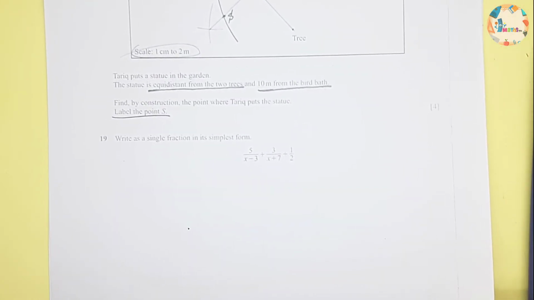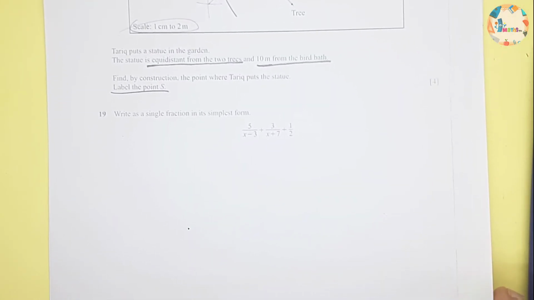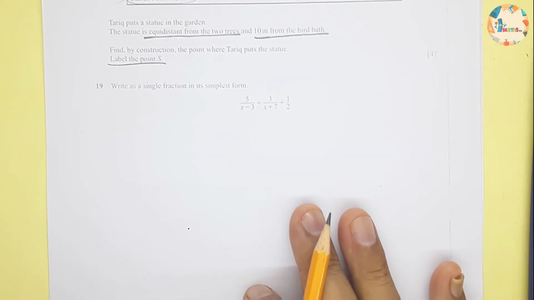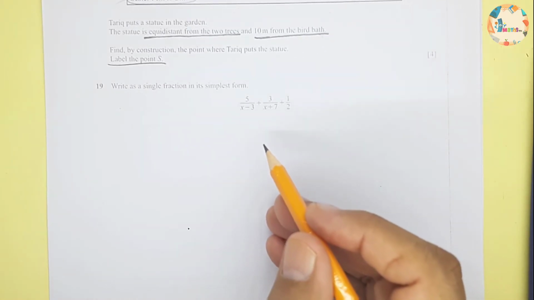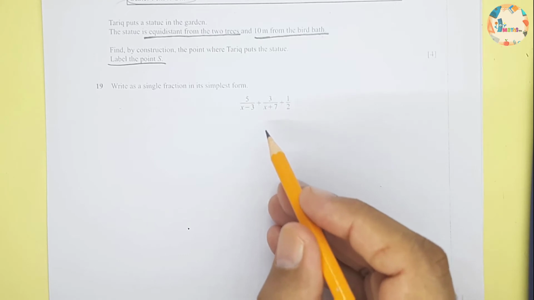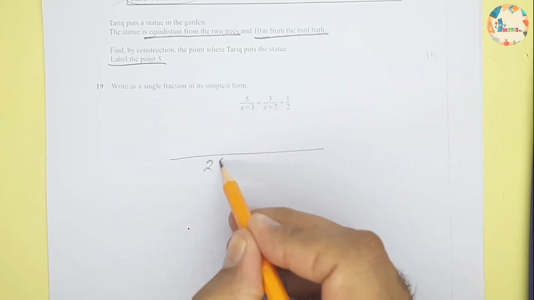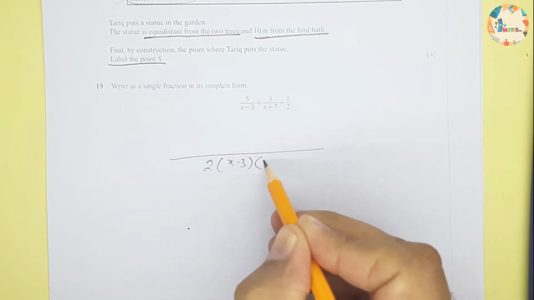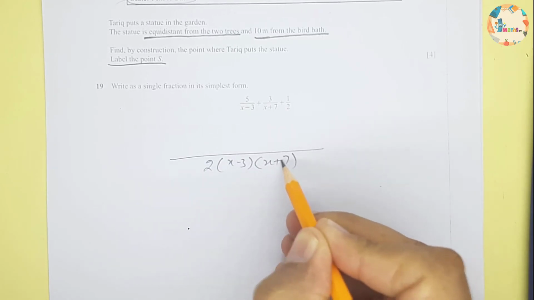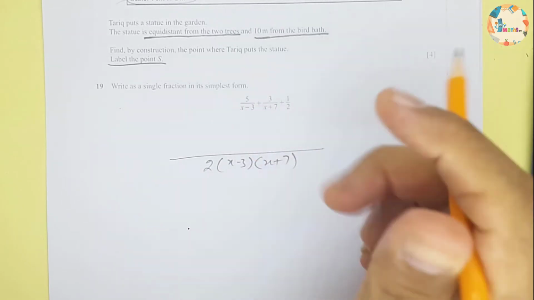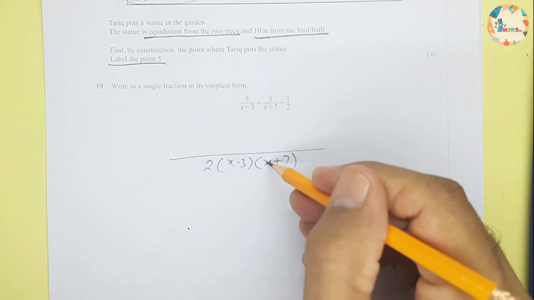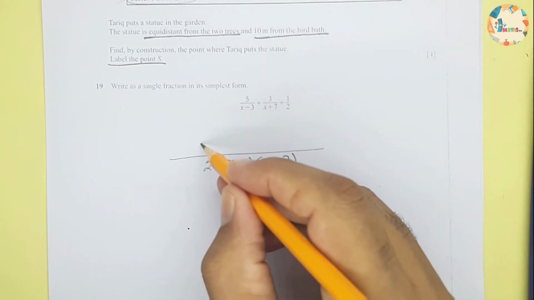Write as a single fraction, simplest form. So what we will do, we can take the LCM, basically we can take everything in LCM, x minus 3 and x plus 7 like this. And for this one we will not be taking this, and the rest we will be multiplying with this.